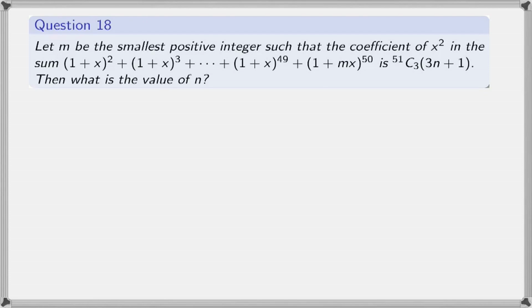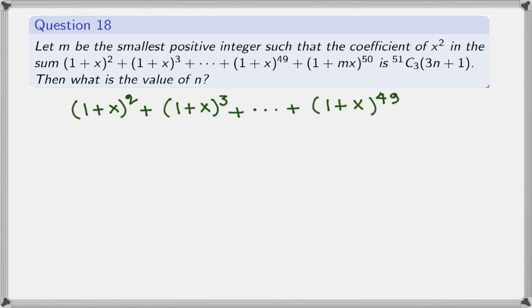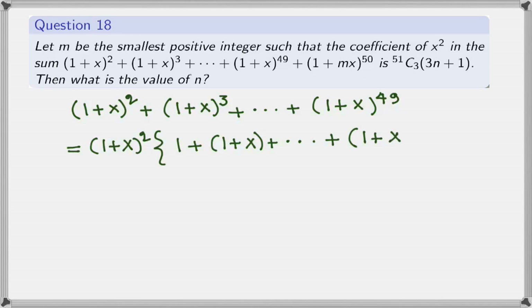Let us first write the sum (1 plus x) square plus (1 plus x) cube plus so on and so forth up to (1 plus x) to the power 49 as (1 plus x) square into (1 plus x plus so on and so forth up to the last term (1 plus x) to the power 47). Now note that this inside part is a geometric series.